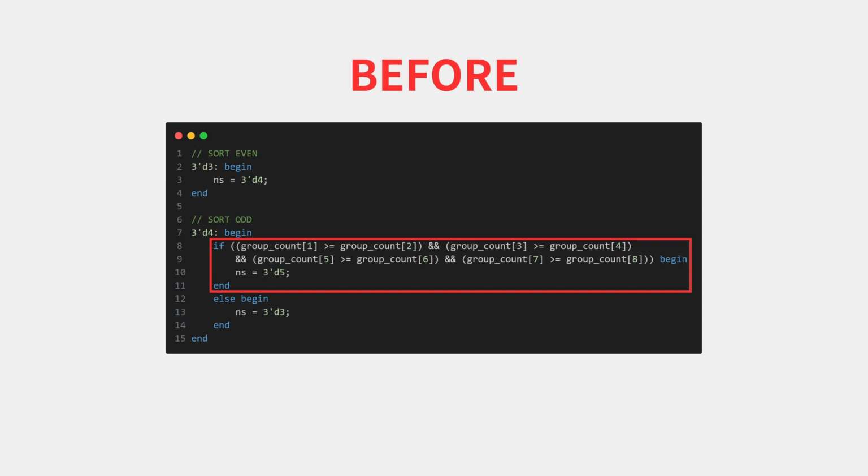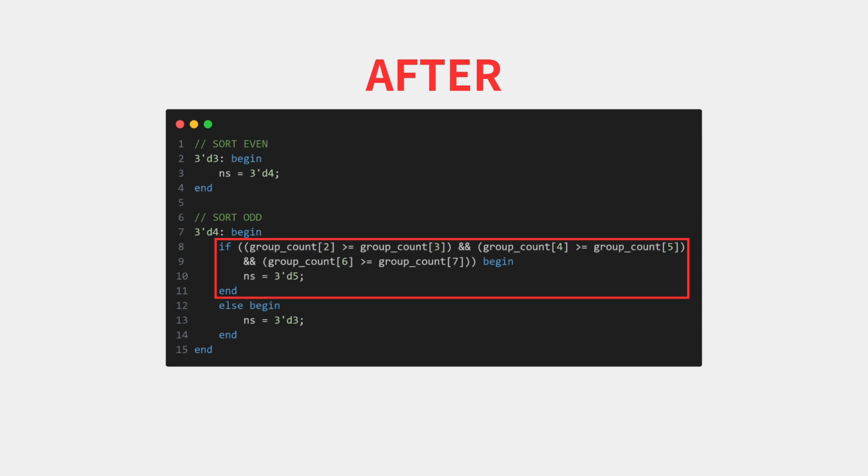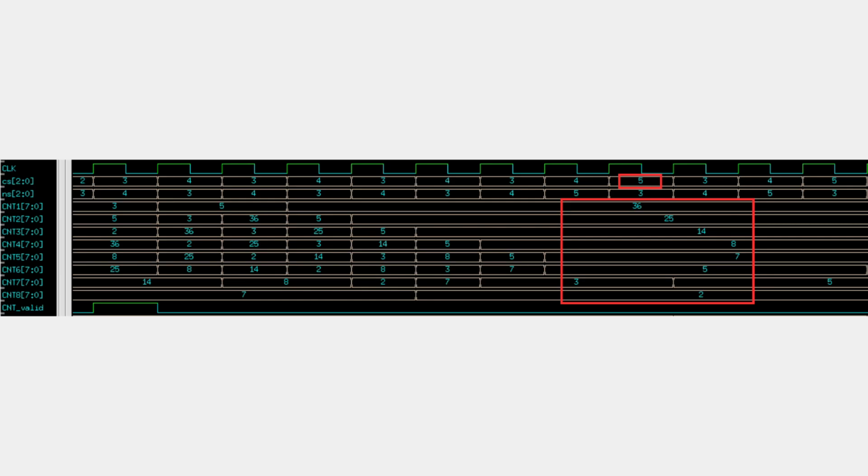But what we actually got is the even condition statement being used at the end of odd sort, so it would always be correct and go to the merge stage. The solution is to modify the even condition statement into the odd condition statement. And we get the correct waveform.